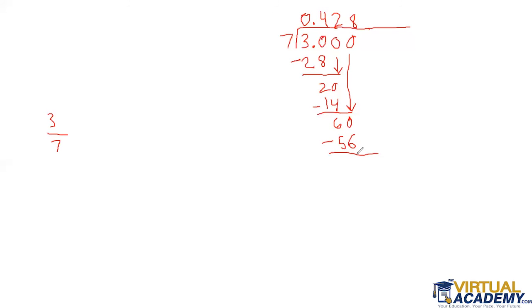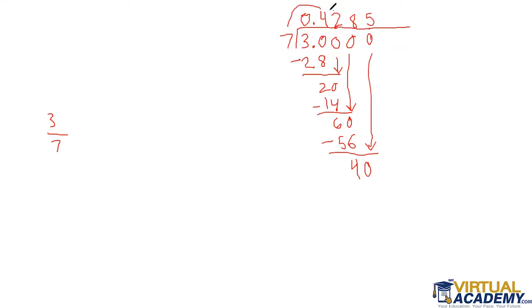This looks very similar to the one we just did, right? Very similar pattern here. So subtract to get 4. Create a 0, bring it down. 7 goes into 40 5 times.